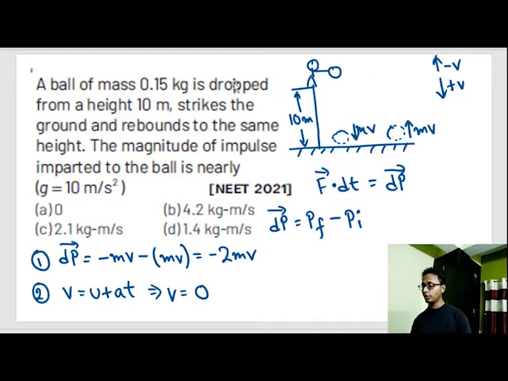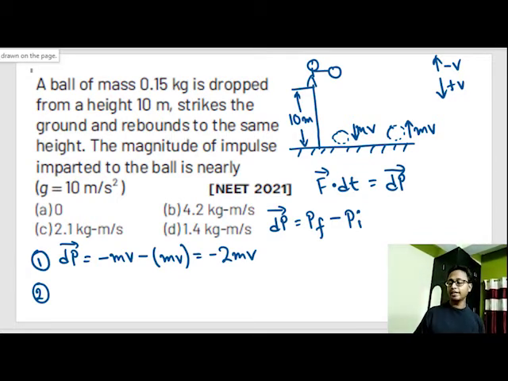Because the ball is dropped. Plus at, acceleration is 10 meter per second squared, because g is 10. 10 into, and I have applied the wrong formula because time is not given in the question. So don't worry, there are only 3 formulas that I can apply. v is equal to u plus at, v square is equal to u square plus 2as, and s is equal to ut plus half at square.